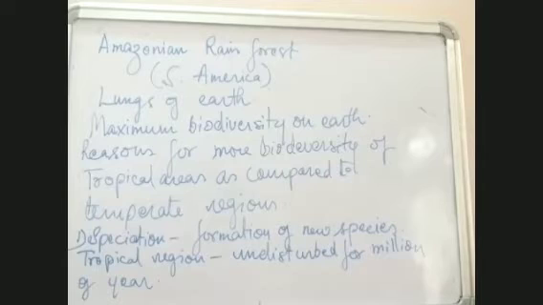The temperate region has lots of disturbance because of, say, weather conditions and other environmental factors, and because of that disturbance, speciation could not take place in the temperate region, and that is why the biodiversity richness is not seen in the temperate region as compared to the tropical region.